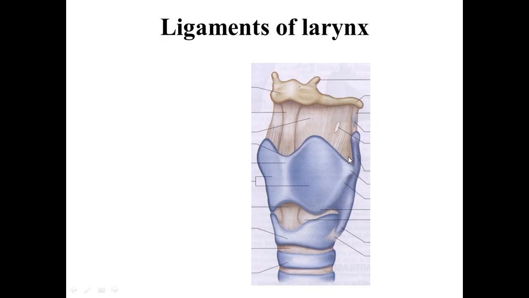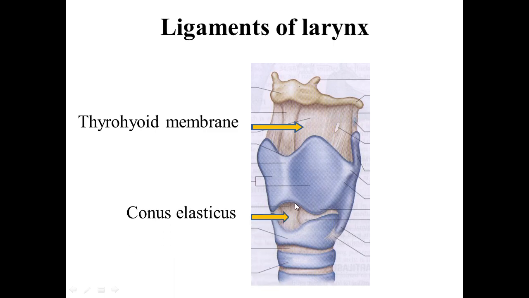Now which are the ligaments of larynx? There is thyrohyoid membrane. These are all fibroelastic membranes. The thyrohyoid membrane extends from the upper border of the thyroid cartilage to the hyoid bone.